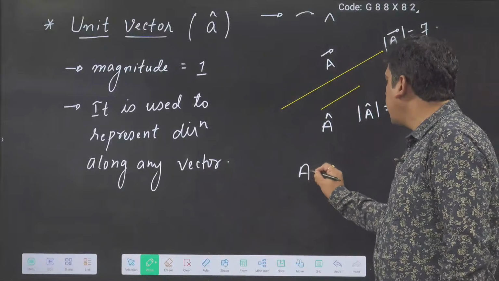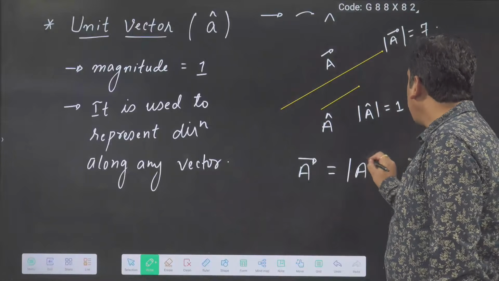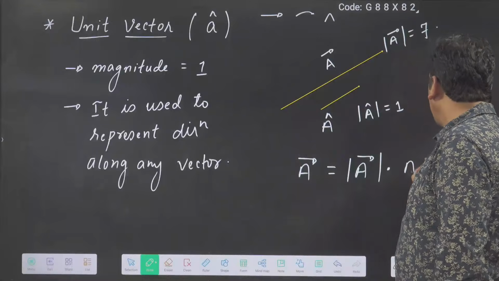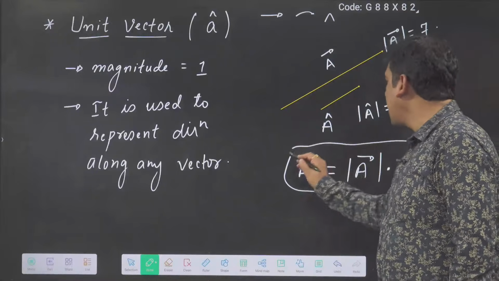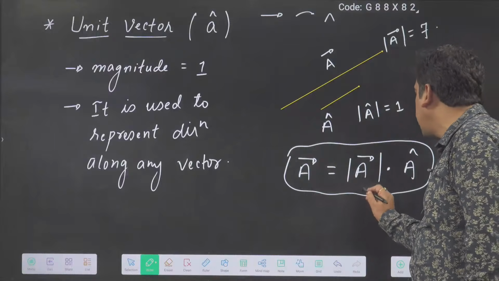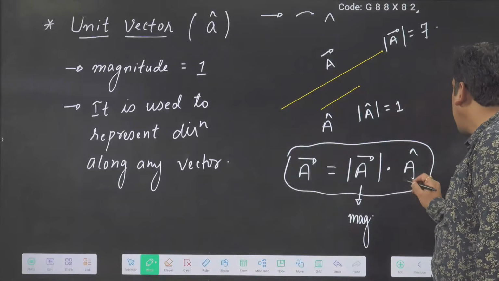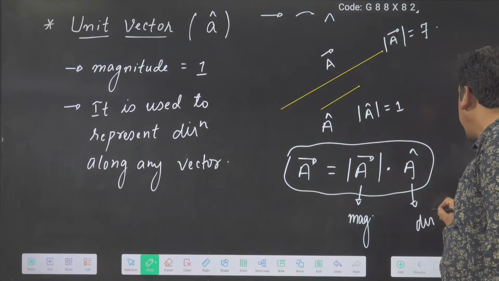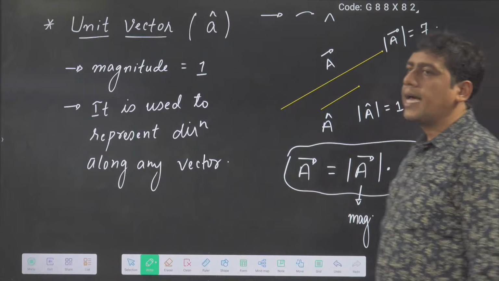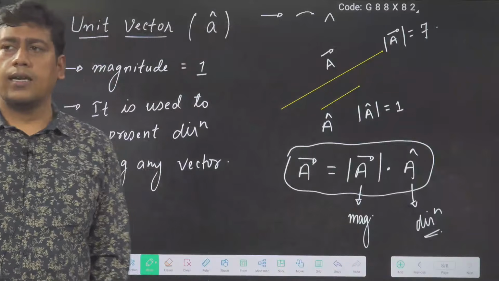Now you can write that vector a is nothing but the magnitude of a multiplied with the unit vector, which represents the direction of the vector, a cap.